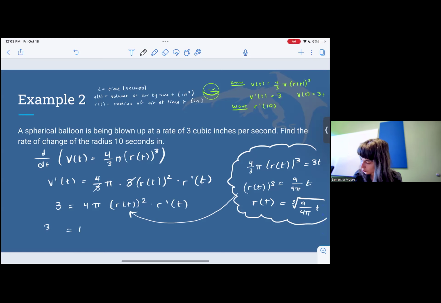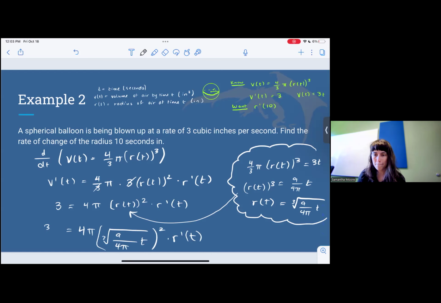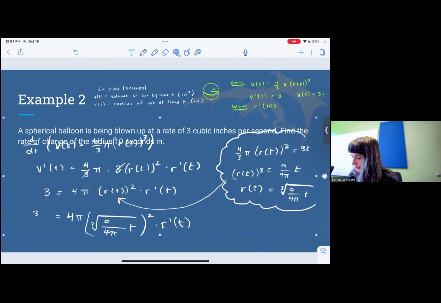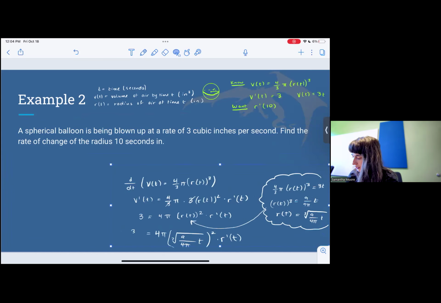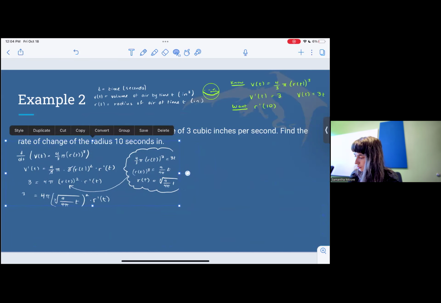So 3 equals 4 pi times the cube root of 9 over 4 pi times t, that quantity squared, times r prime of t. And so at this point, I've got everything that I need to really get r prime of t as just a function of t.